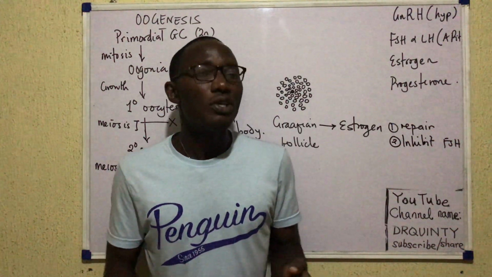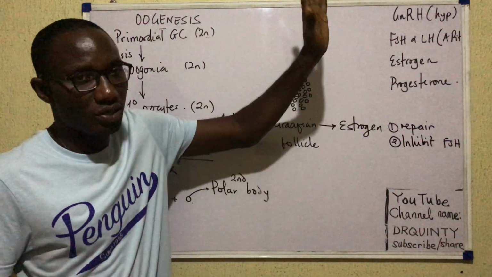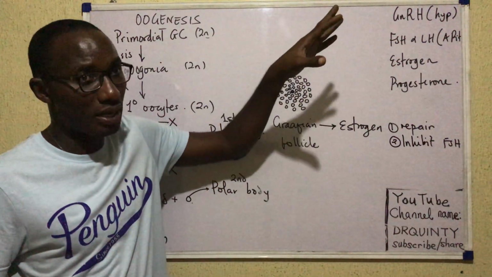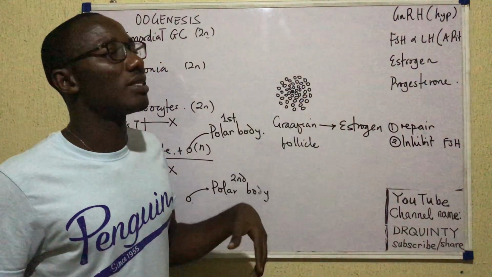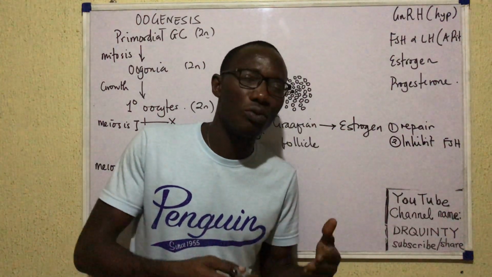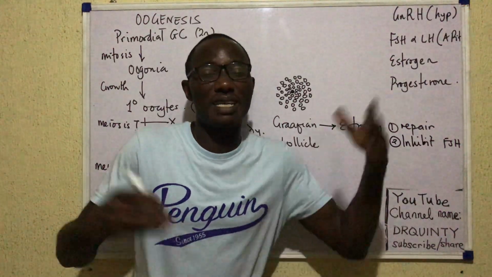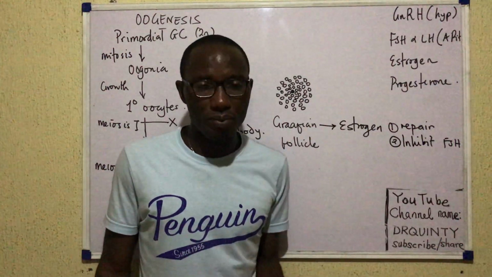If FSH is left to just continue to be present in a woman like that, then primary oocytes will be selected haphazardly, randomly, so that in a month a woman can have up to 10 Graafian follicles developing at the same time.